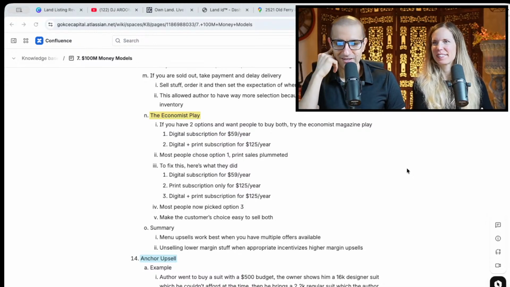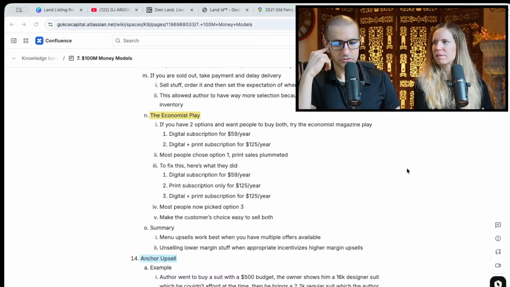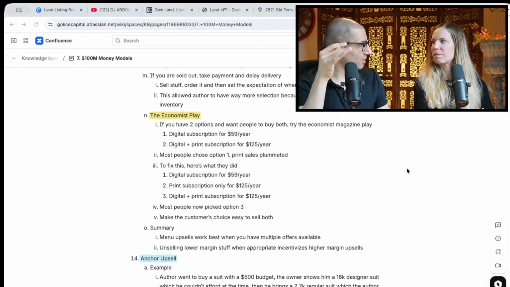So they made the price of the print subscription, option 2, and the price of option 3, digital plus print subscription, the same. And most people took the third option. So the offer was exactly the same as the one they had before, they just rearranged some things.